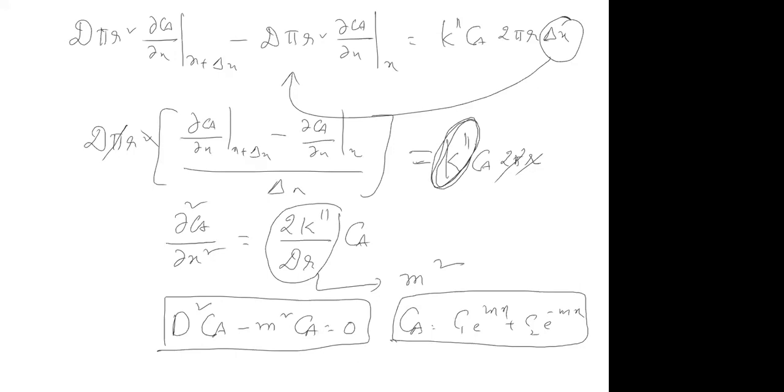Because the rate equation here is minus rA equal to minus 1 by S into dNA by dt, which is equal to K double prime CA. This is to tell you that this K is not based on volume. This K is based on surface. That is why I have written it as K double prime. Clear?